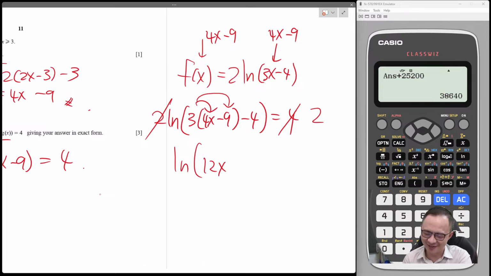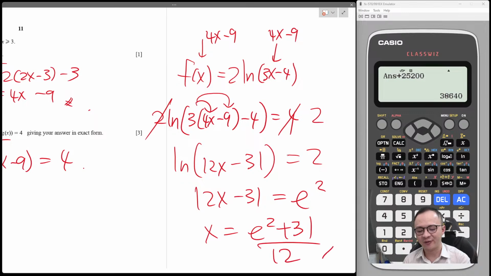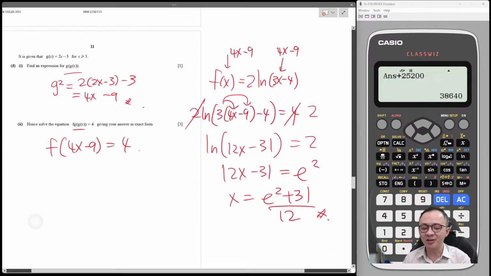There's a minus 31, is it? Yeah, 27 plus 4, correct. Then ln (12x minus 31) equals 2, so 12x minus 31 equals e power of 2. Then x is (e power of 2 plus 31) divided by 12. Done. Okay, it's a composite function, but you need to ensure you are very good in the composite function.